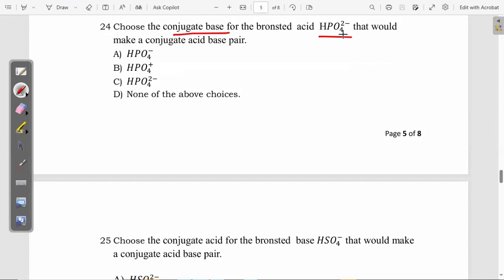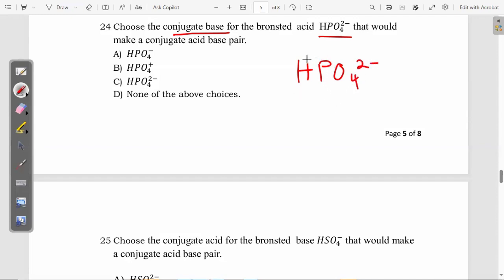We said the conjugate base forms when the acid loses one proton, and that proton is the hydrogen. Here I'm given HPO4 2-.